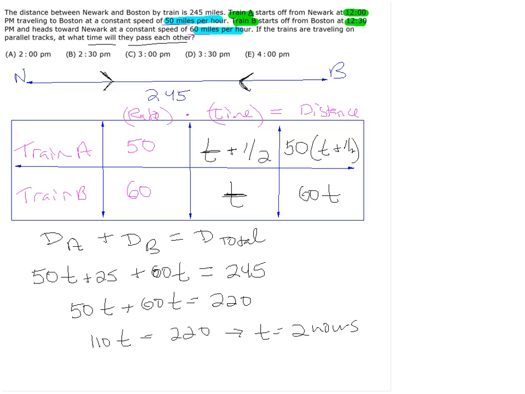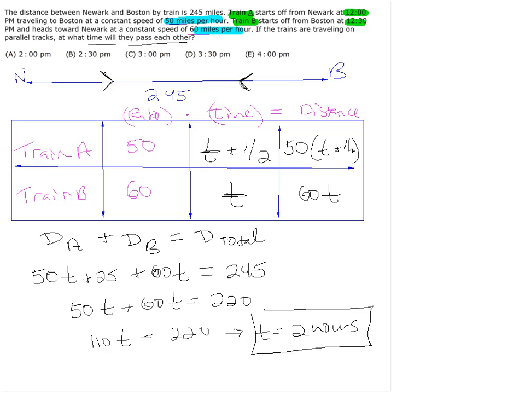Now, in classic GMAT fashion, we always have to make sure that we're properly answering the question. It says, if the trains are traveling on parallel tracks, at what time do they pass each other? Well, we have to be a little bit careful here, because we said t is 2 hours, but look up at the table.